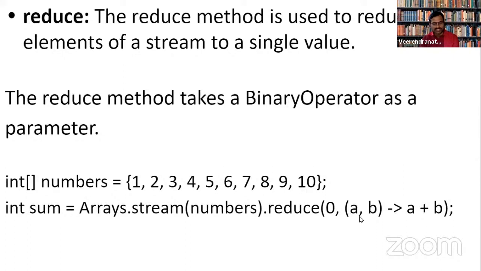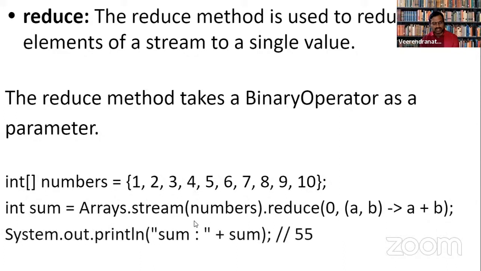What exactly is a comma b here? A comma b is going to take the first two numbers and add them. Then the result of the first two numbers is going to be added with the next, and in that way it is going to give you this answer.